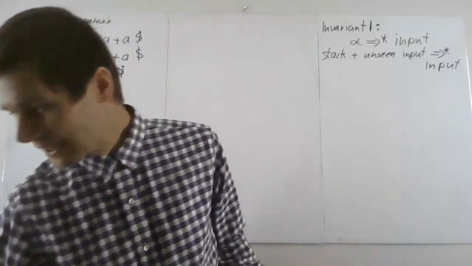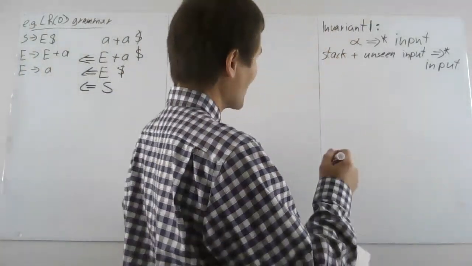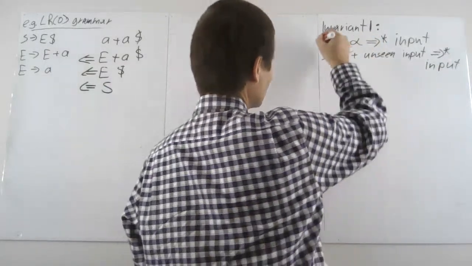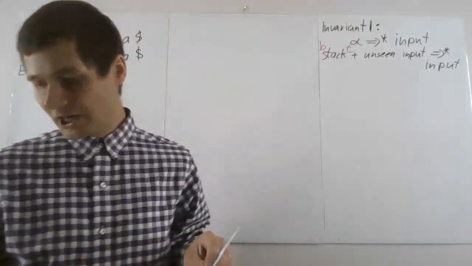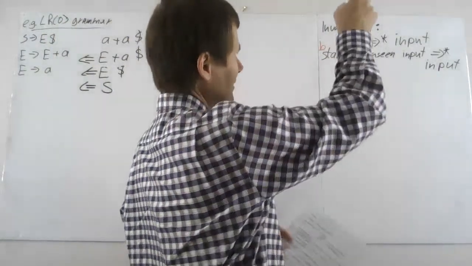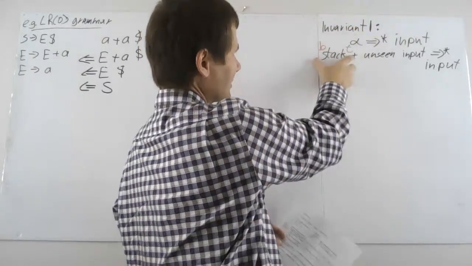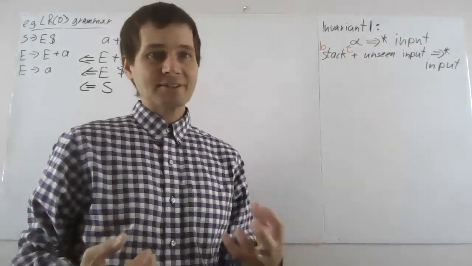And whenever you have a stack, I need to indicate the top and the bottom of the stack. In this case, the top is going to be on the right side, because the top of the stack is where the changes are happening, right? So we're always representing alpha with some part of alpha on the stack, and the rest is whatever part of the input we haven't seen yet.